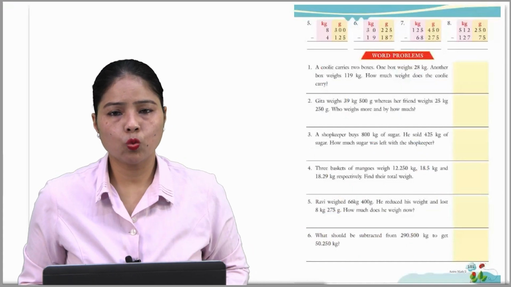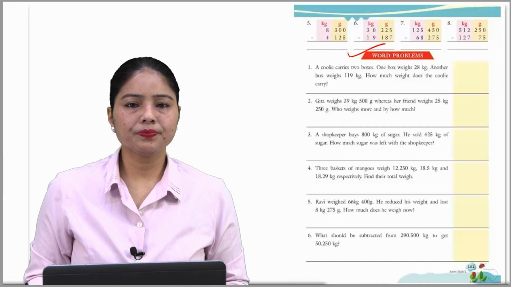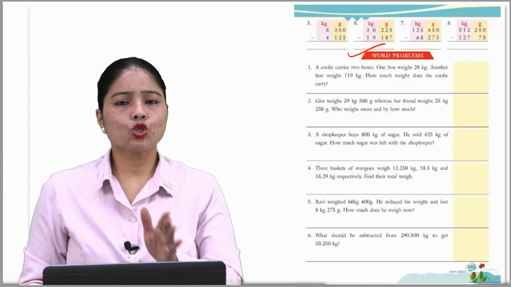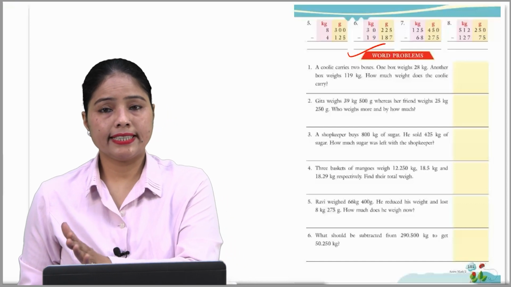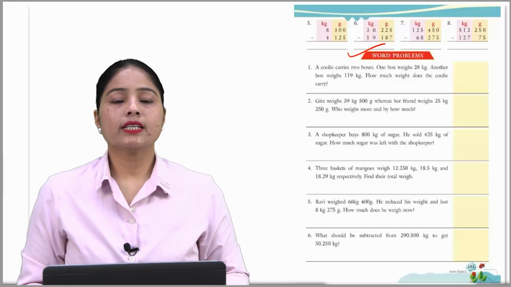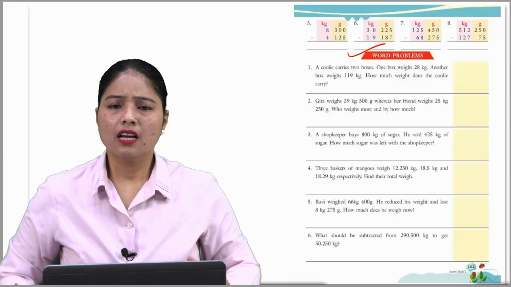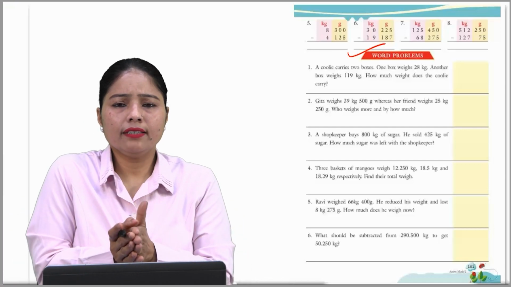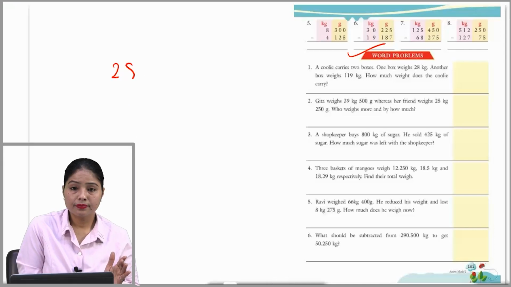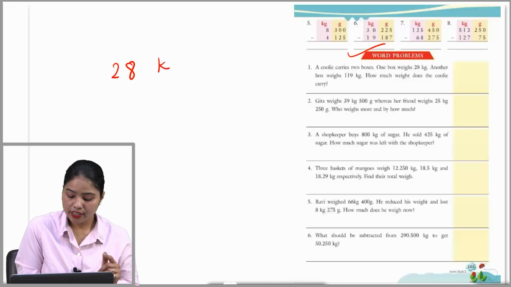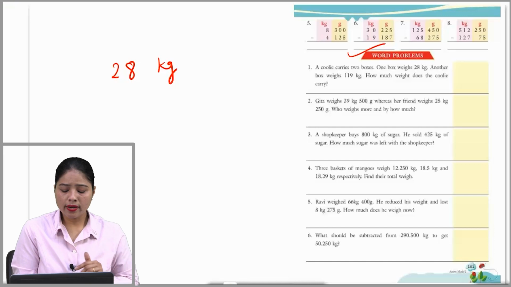So now move on, word problems. A coolie carries 2 boxes. One box weighs 28 kg. Another box weighs 119 kg. How much weight does the coolie carry? One is 28. So write it 28 kg. And next is 119.